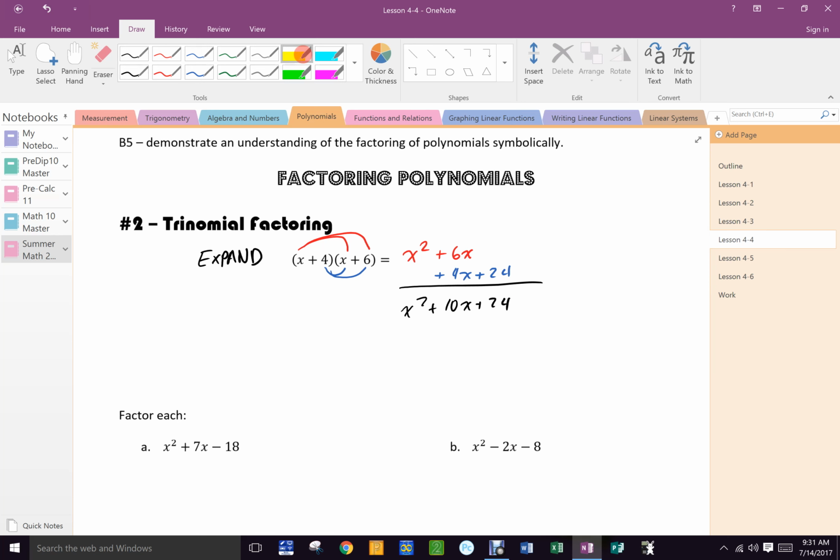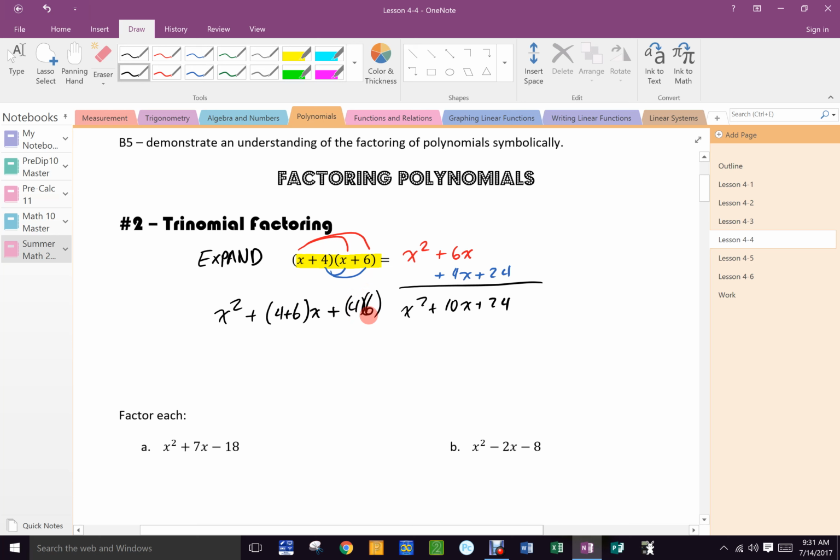Did I give you a shortcut to that particular kind of expansion? What was the shortcut? x squared, then it was 4 plus 6, x, and then it was 4 times 6.